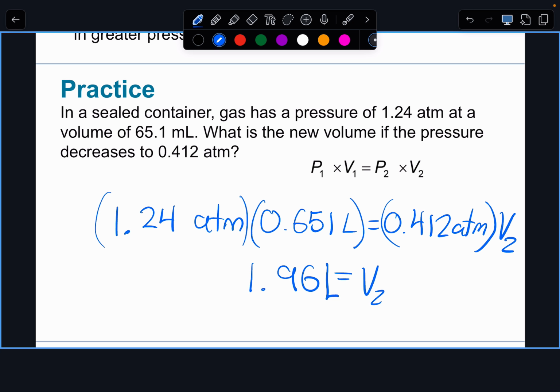So that volume, I'm just going to double check it conceptually to make sure the math was done right. That volume is significantly bigger, which makes sense because the pressure decreased. So I increased the volume, and that made the pressure go down because the particles had to travel further, so they weren't hitting the sides of the container as much.